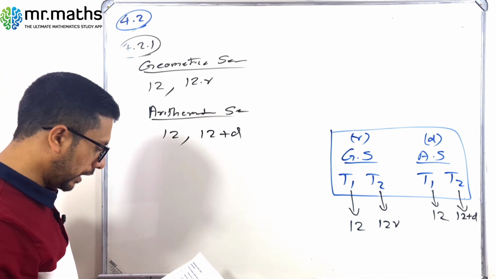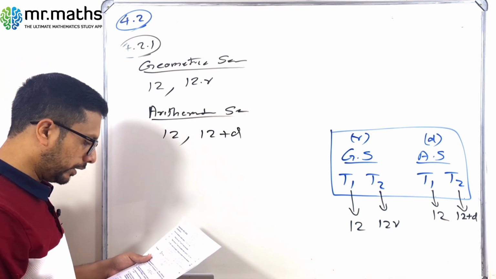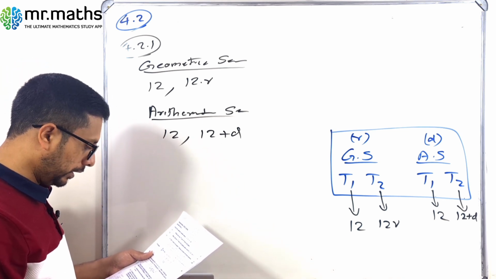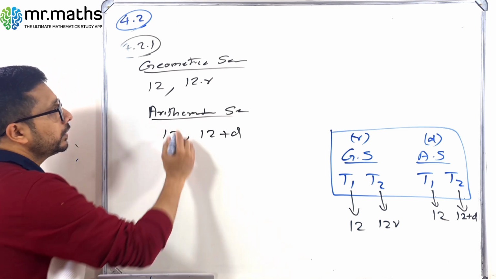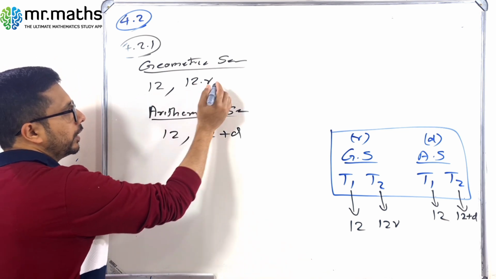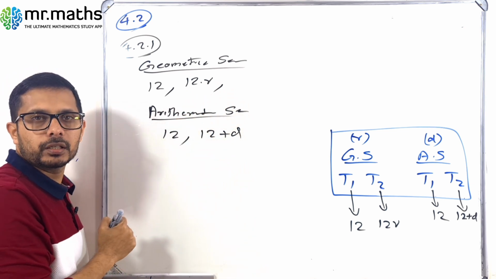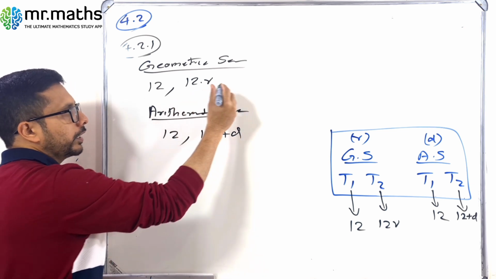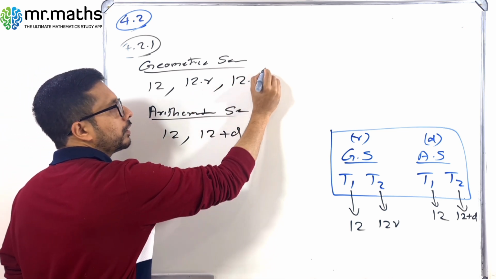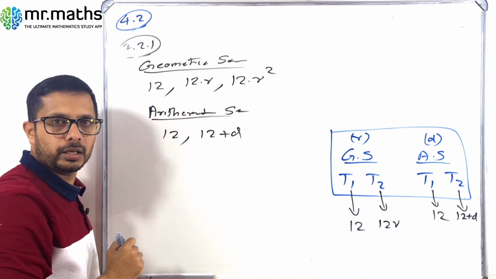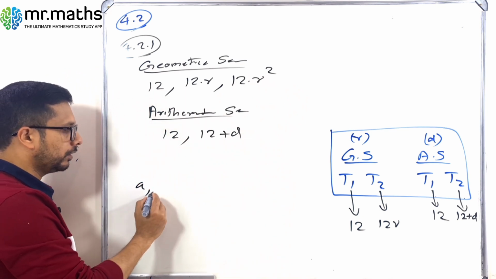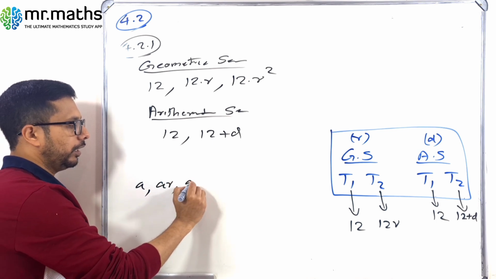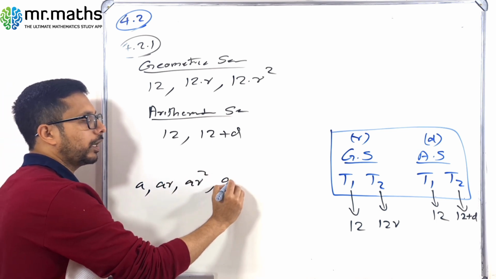You have to write down the second and third term. Now the third term: this is the first term, this is the second term. How can you write the third term here? 12R, next one is 12R square. Am I right? The geometric sequence is going like that: AR square, AR cube.